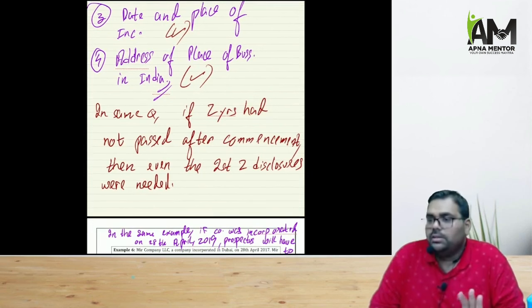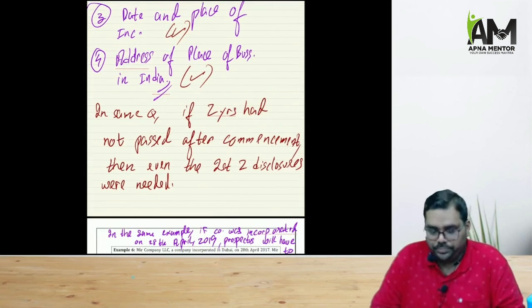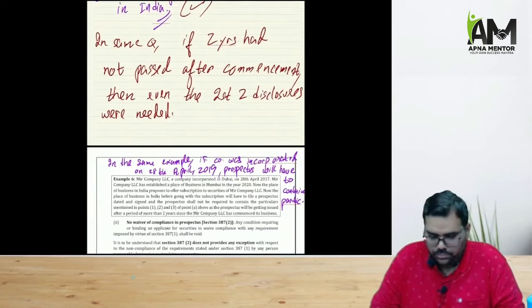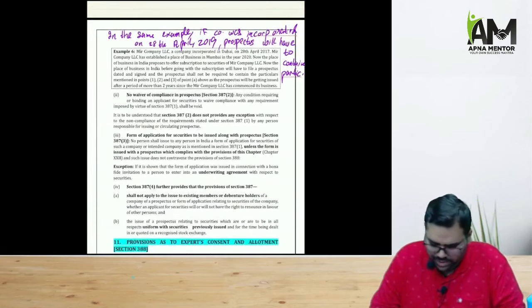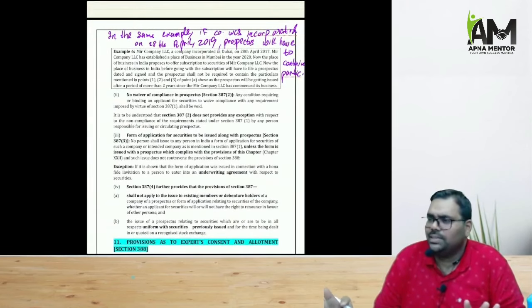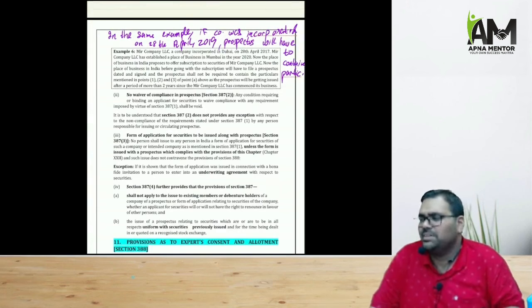So it is very clear now. This is the only technical section in the prospectus, this foreign company chapter. Otherwise, every section is very simple.